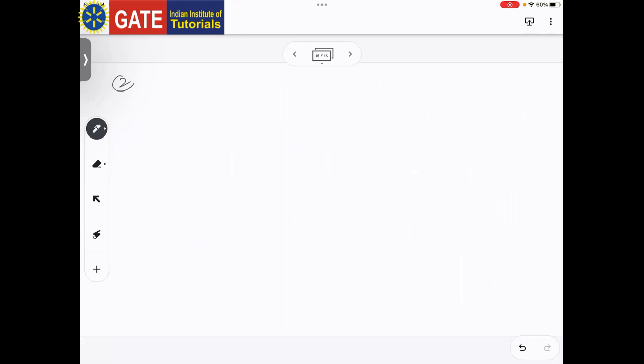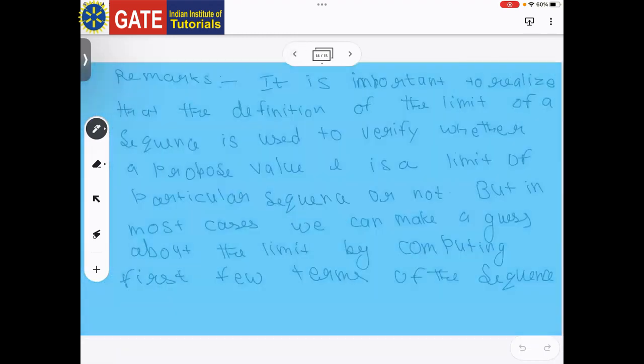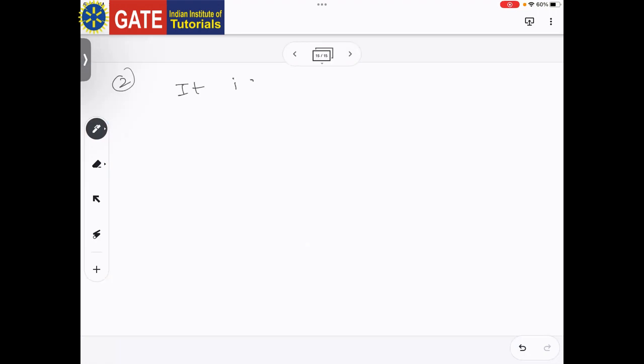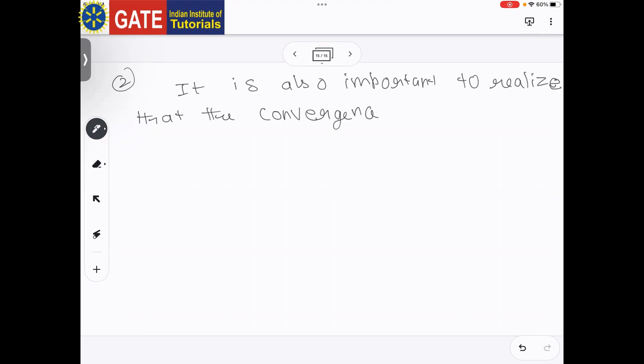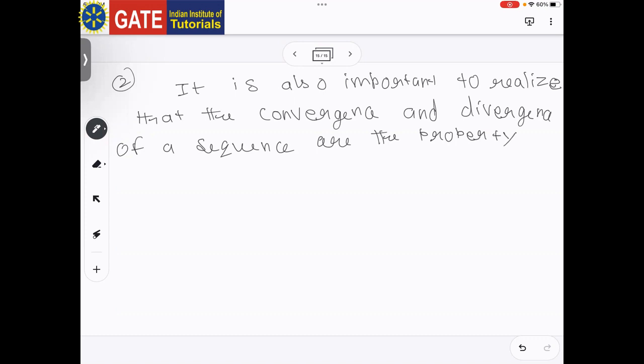Second one. It is also important to realize that the convergence and divergence of a sequence are the property of the tails of the sequence.